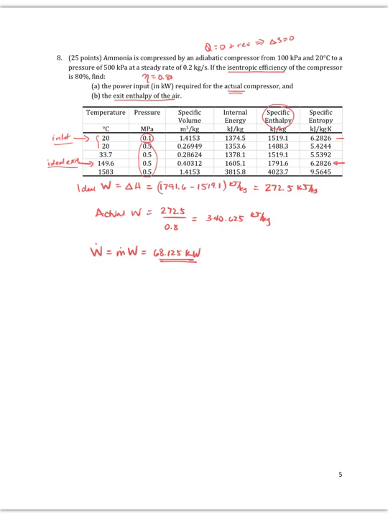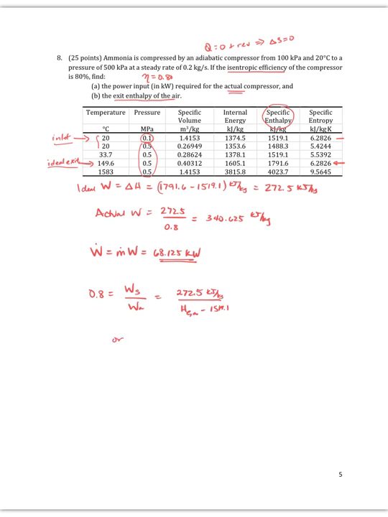What about for part B? Well, for part B, I'm going to still use that definition of the efficiency. It's going to be the ideal work divided by the actual work, or 272.5 kilojoules per kilogram over the actual exit enthalpy minus 1519.1.